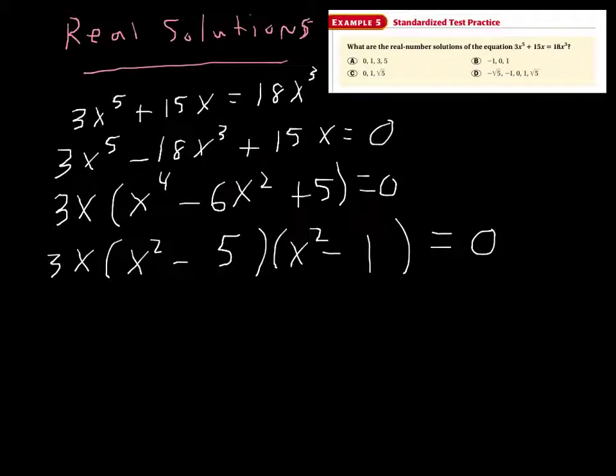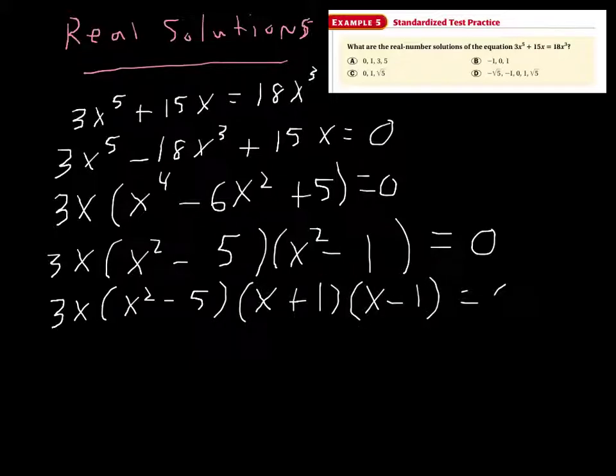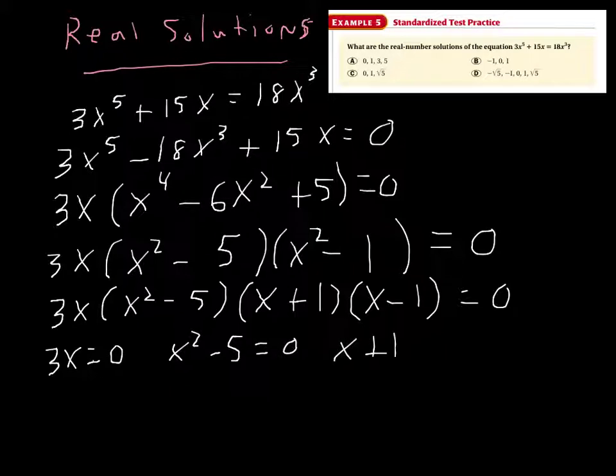And so we have 3x, x squared minus 5. And then the x squared minus 1 is a difference of perfect squares, so we have x plus 1 and x minus 1 equals 0. Now we're going to take all of our factors and set them equal to 0. So we get 3x equals 0, x squared minus 5 equals 0, x plus 1 equals 0, and x minus 1 equals 0.